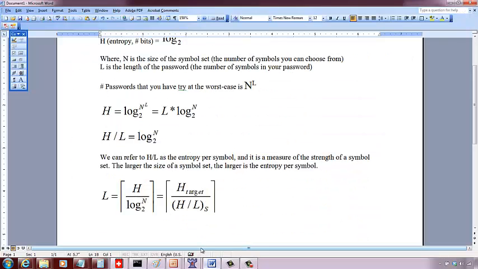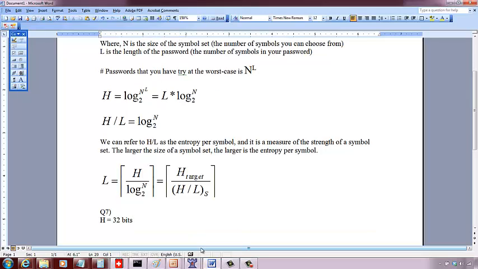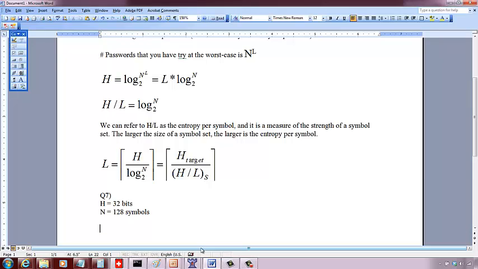So in question 7, you're given the targeted entropy, which is 32 bits, and the size of your symbol set, which is 128 symbols, right?